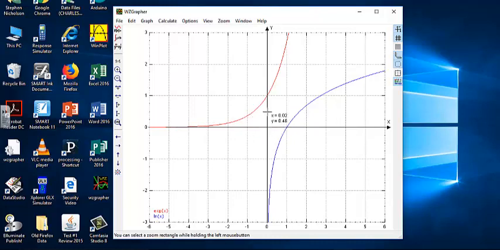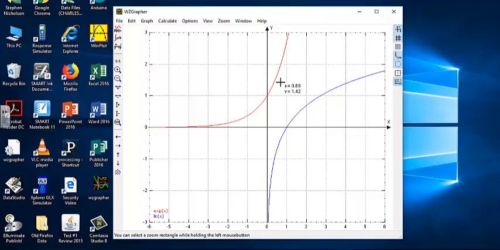But for each value of y, there's only one value of x. It's what we would call monotonically increasing. It just means it continues to increase. It doesn't go through any loops, bumps up and down. So both the blue curve and the red curve are one-to-one functions, but the sine isn't, because it goes up and down and up and down and up and down. So it's not one-to-one.